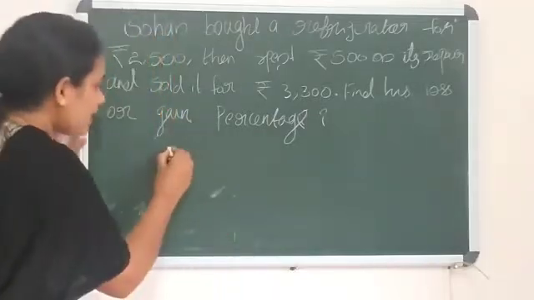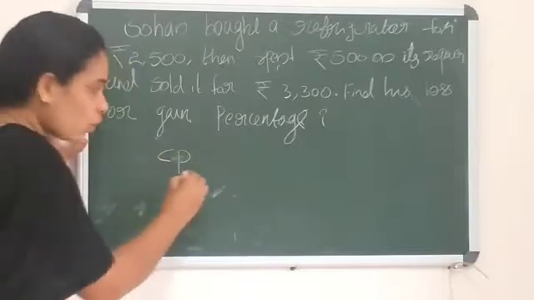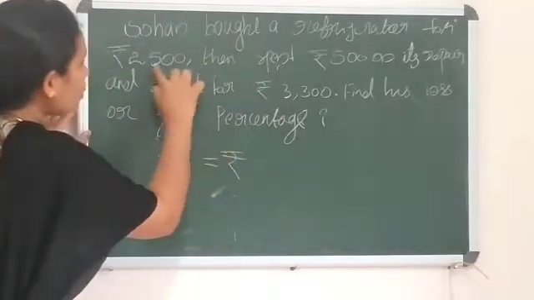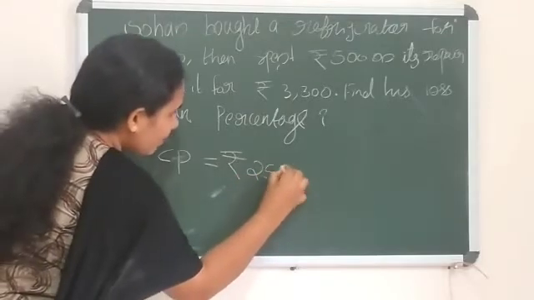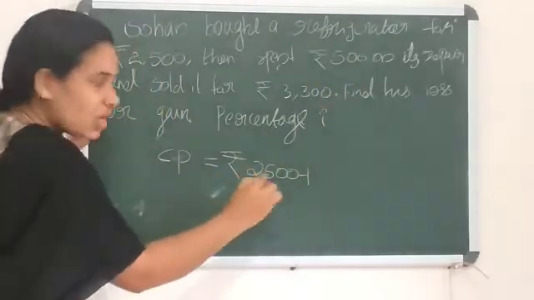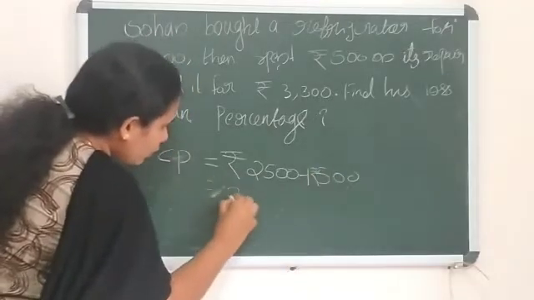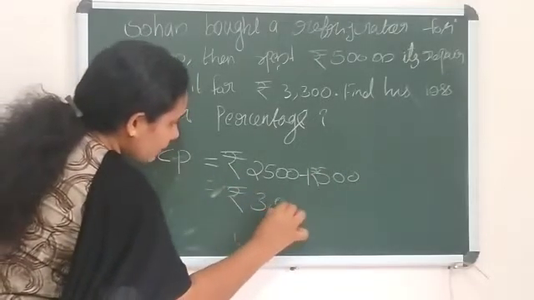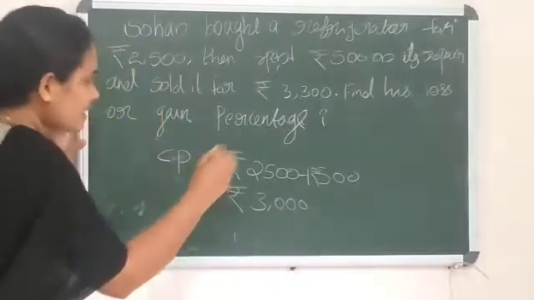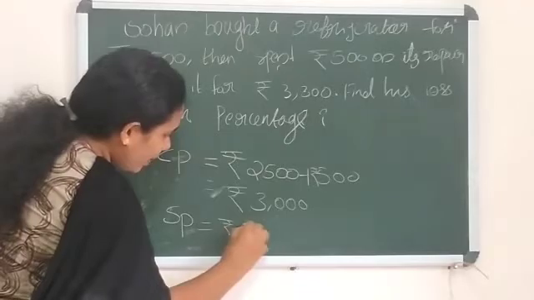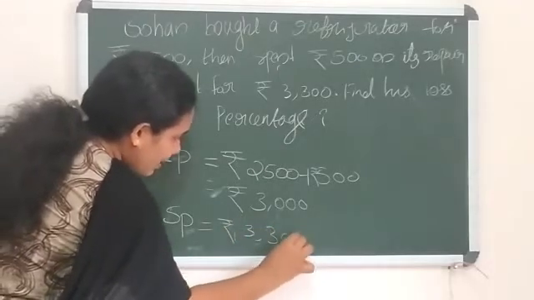So here what is the cost price, students? Cost price equals rupees 2,500 plus the repair charge rupees 500, equal to rupees 3,000. And what is the selling price? SP equals rupees 3,300.